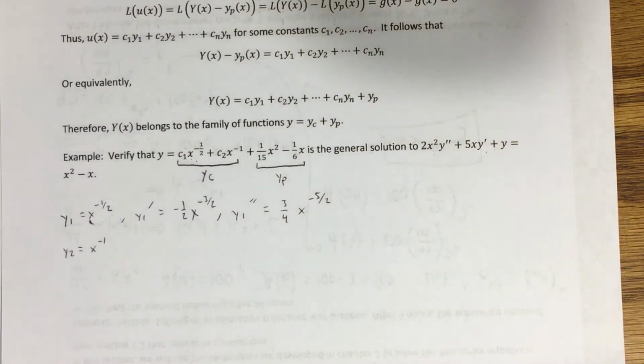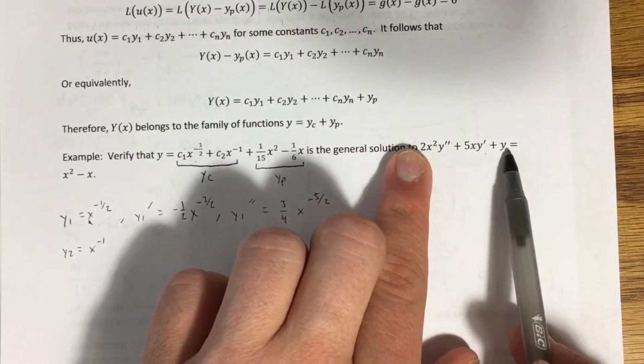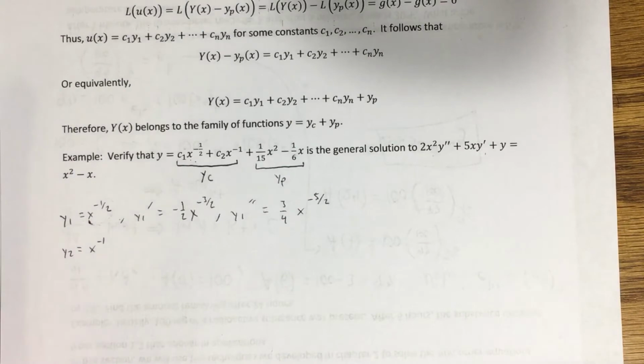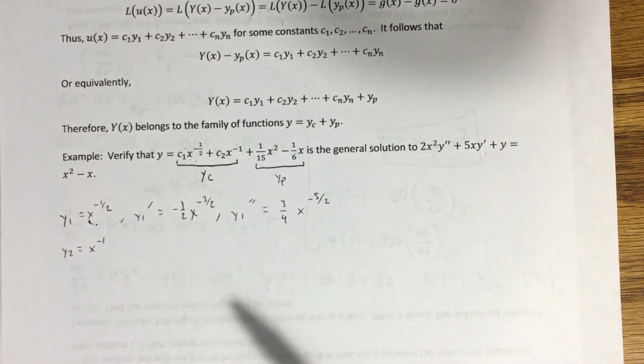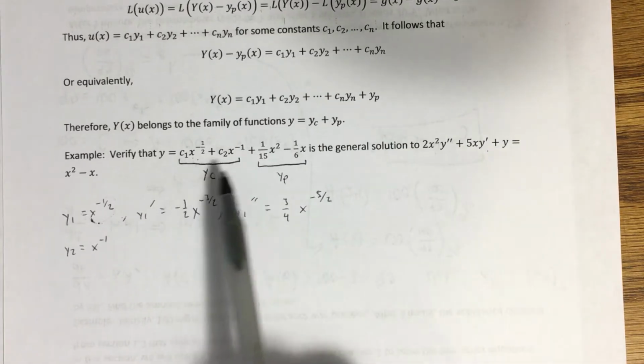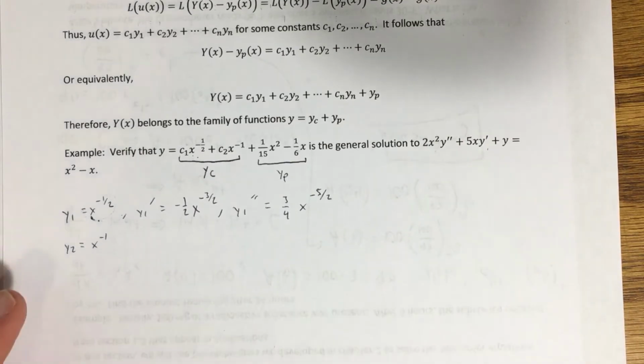Okay? Now what I want to do is take these, plug them into the left-hand side of this equation, and I'm hoping that comes out to 0, because that would imply that this is a solution to the associated homogeneous equation.